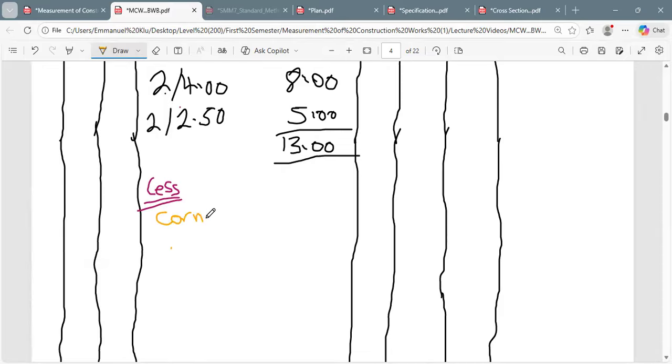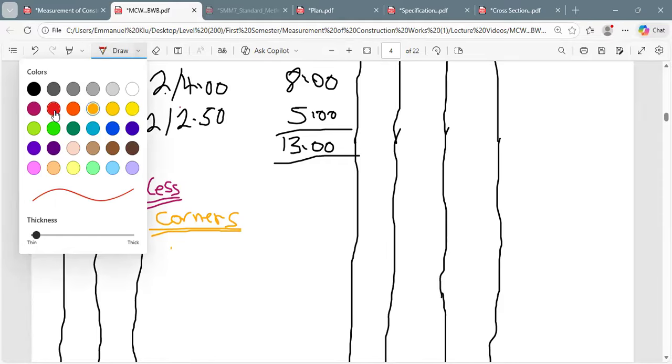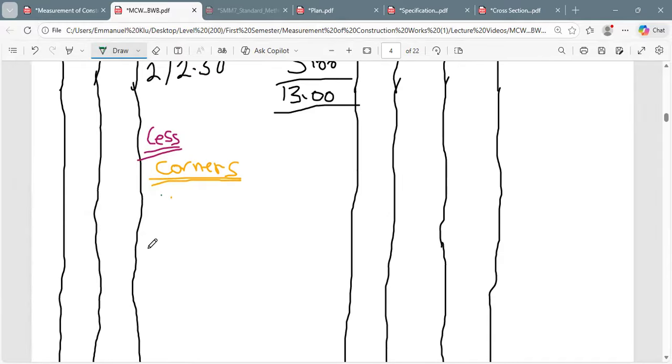In lesson of the corners, we have what? Now you have seen the actual thickness. So we have 4 because we have 2 sides of the building. At the end of the day, we have 4 corners.